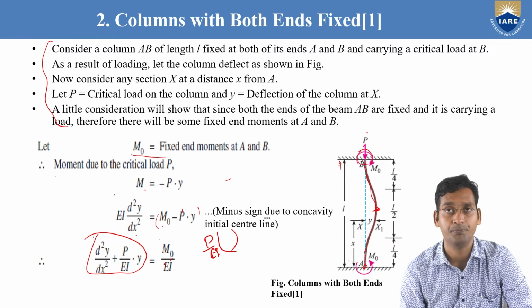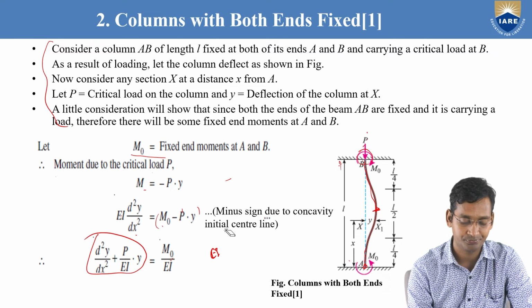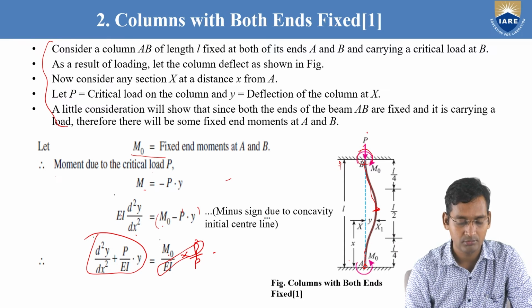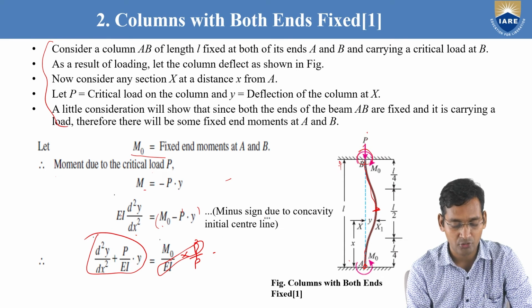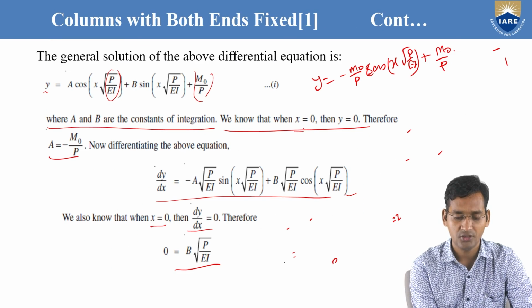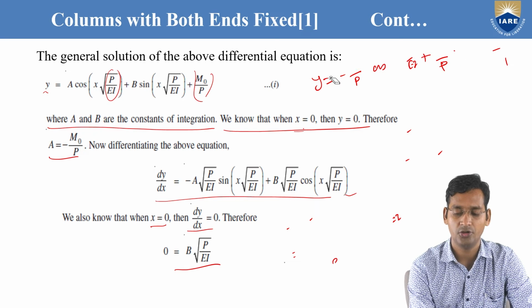But here P is not there, so we have to introduce P. After multiplying and dividing by P, now this P by EI you can remove. What is left is M naught by P. So just add M naught by P. After adding this, we get the general solution.